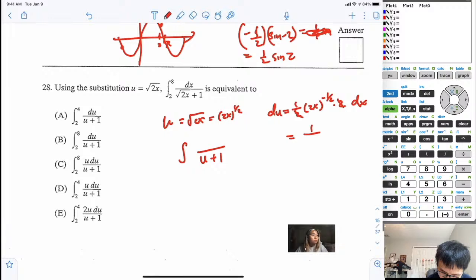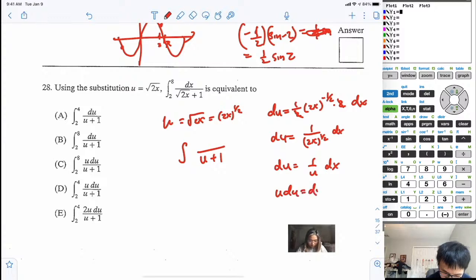So that would be 1 over 2x to the 1/2 dx, du. Now if you replace that as a u, which is du over 1 over u dx, you want to solve for dx, so this will be u du equal to dx. Now we have to do square root 2x.